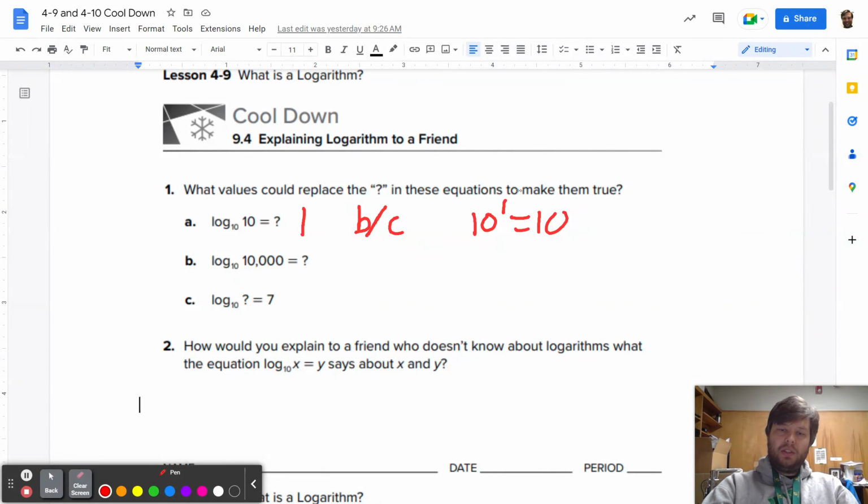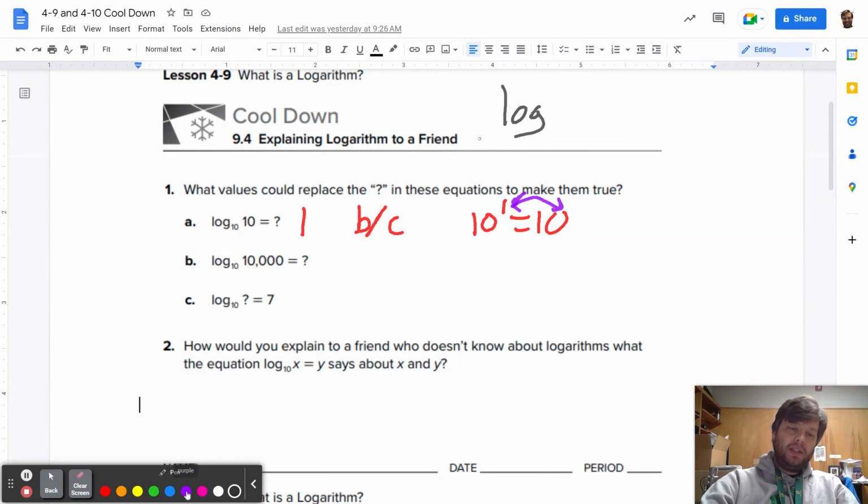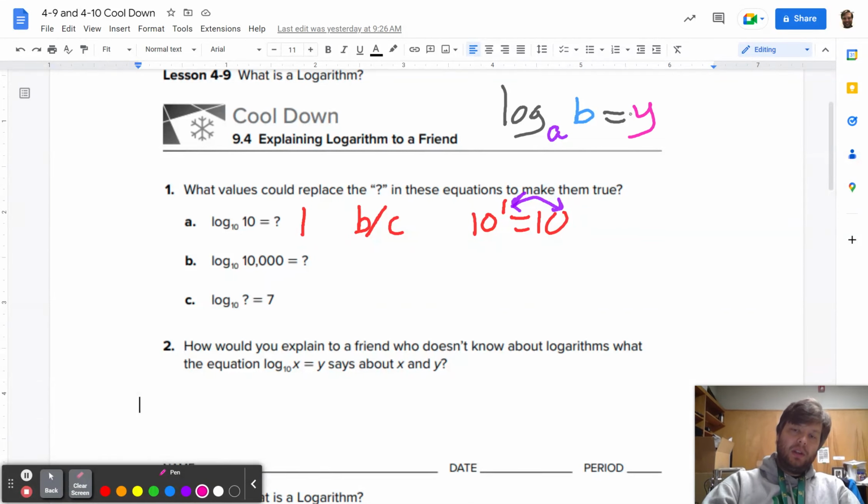What I'm doing to rearrange an exponential and a logarithm is I'm taking the power and putting it on the other side, and I'm taking the answer and putting it up above with the word log. What I mean by that is if I have log base A of B equals something, let's say y, then that's the same thing.